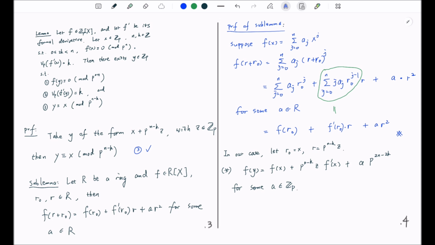Now, let us review our assumptions for f. In our assumptions, f satisfies this. First, f of x is congruent to 0 modulo p^n.